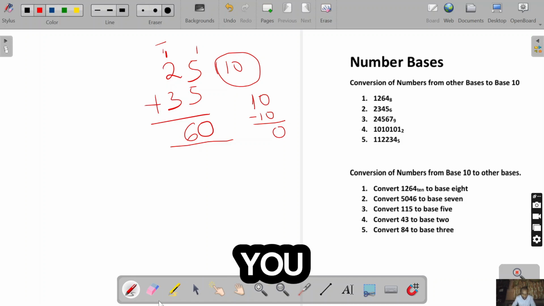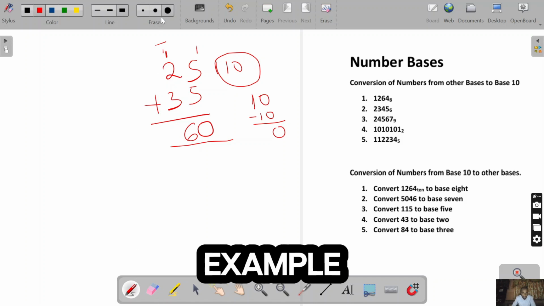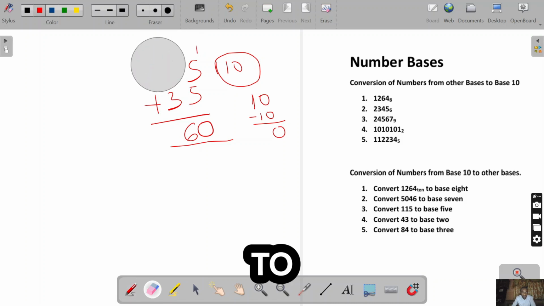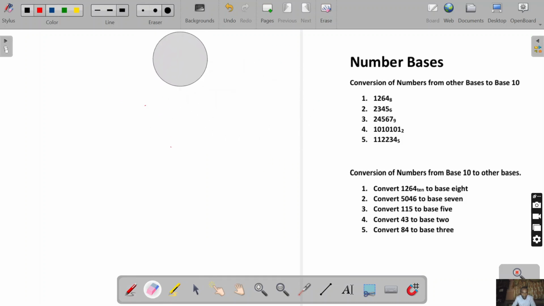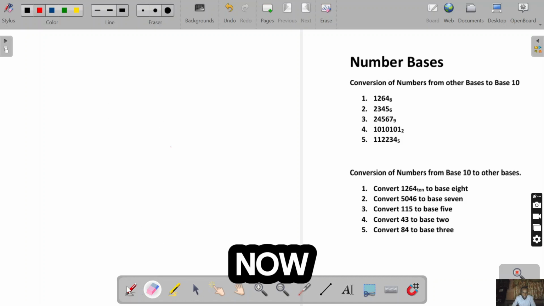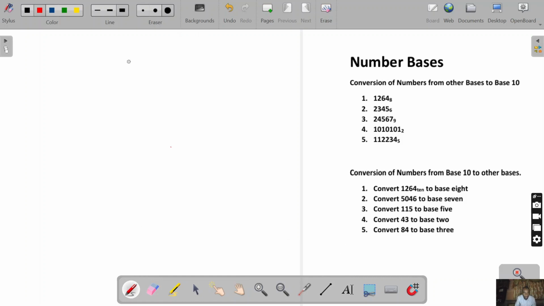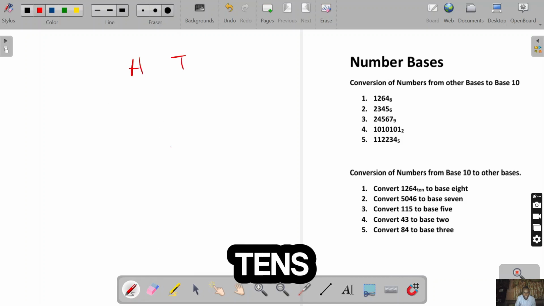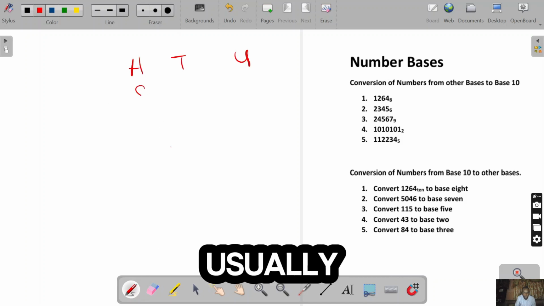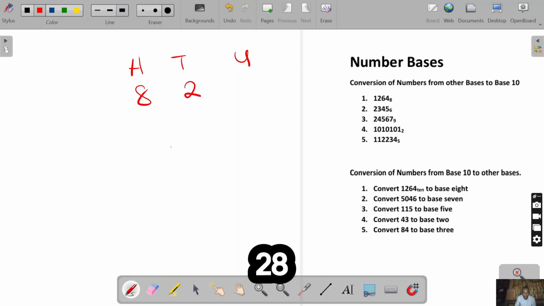So let me just give you a further example to explain this further. Now let's consider a number. In normal mathematics, we have hundreds, tens and units. Let's assume a number like 828 plus 385.